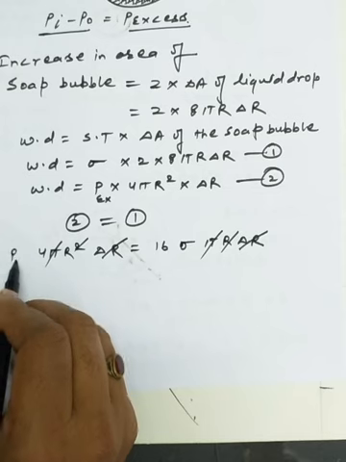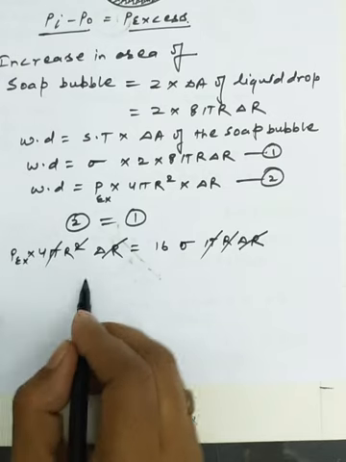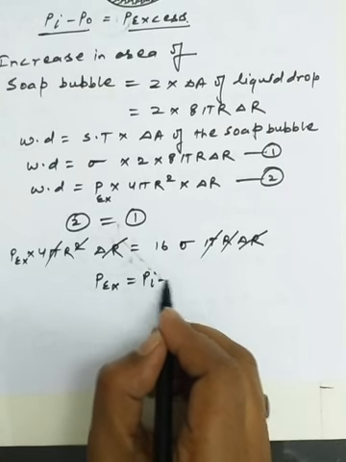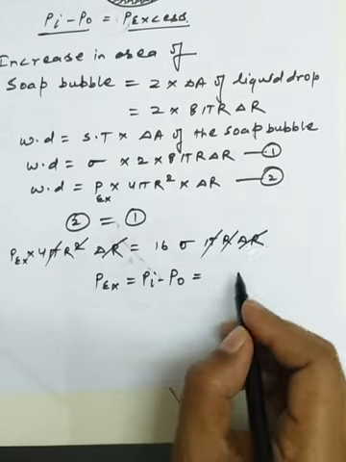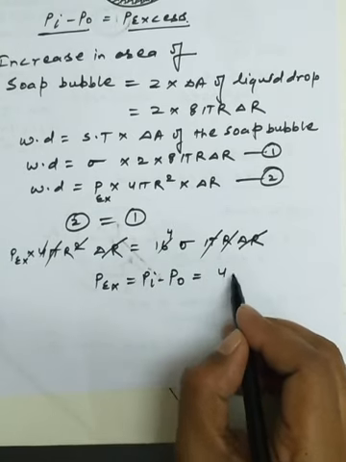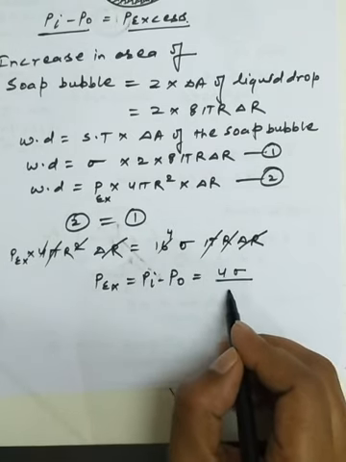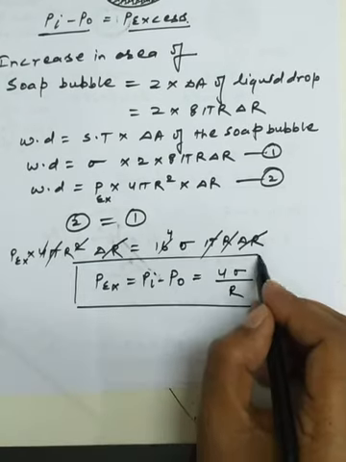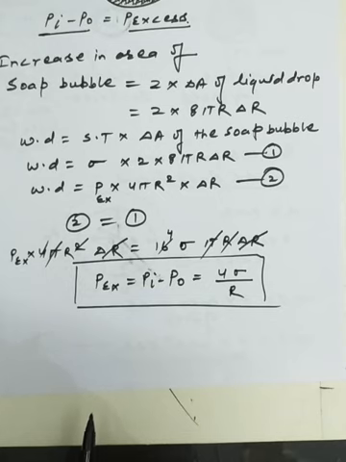I have to write that P excess is also part of the multiplication. P excess, that is P inside minus P outside, is 16 divided by 4, so it comes to 4 sigma upon r. So this is the simplest meaning of the excess pressure in the soap bubble.